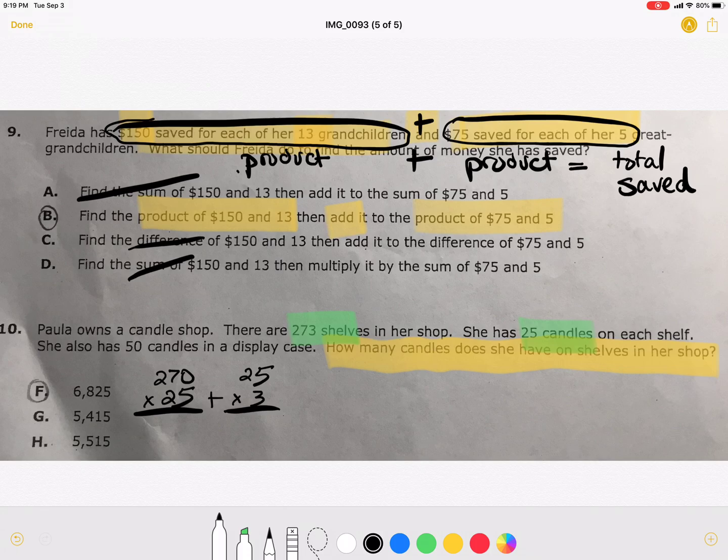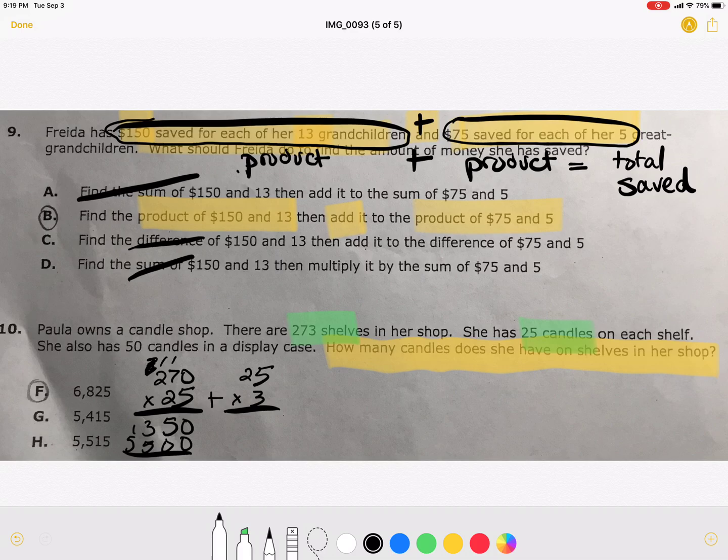So 5 times 0 is 0, 5 times 7 is 35, 5 times 2 is 10, plus 3 is 13. Put that placeholder, and then 2 times 0 is 0, carry that 1, scratch that out so it doesn't get us confused. 2 times 7 is 14, plus 1 is 15, 2 times 2 is 4, plus 1 is 5.